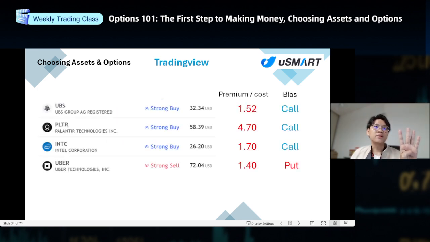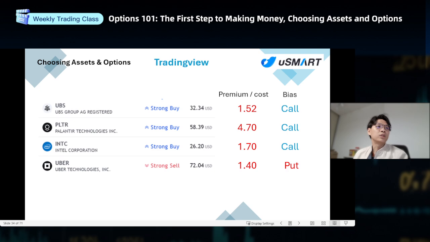For UBS, the bias will be call, and for Uber, the bias will be put, because the rating suggests a strong sell. Put is for the bear market and call is for the bull market. So we will just place the order according to the ranking suggested.